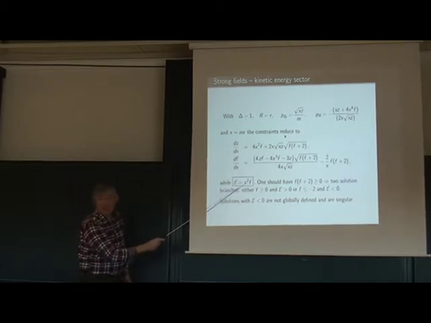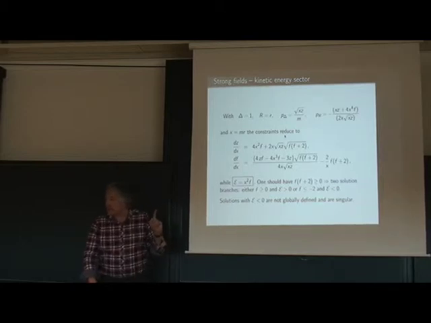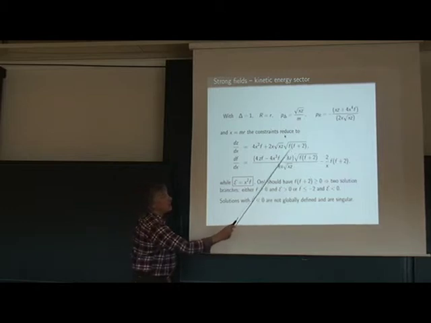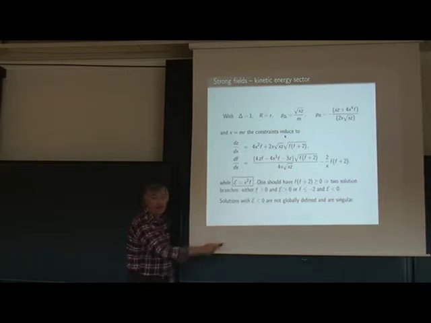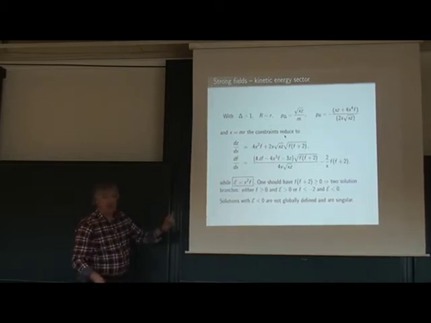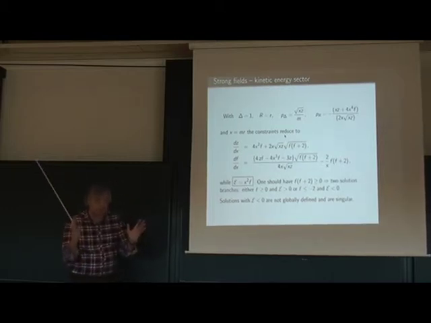This is x, where x is the radial coordinate, dimensionless, times F, and F appears here. And here, for the first time, we see the negative energies. Because there is a square root of F plus 2, and the argument of the square root should be positive, which requires that either F is bigger than 0, or F is less than -2. So if F is bigger than 0, then the energy is positive. If it's less than -2, then the energy is strictly negative. And these are 2 solution branches.